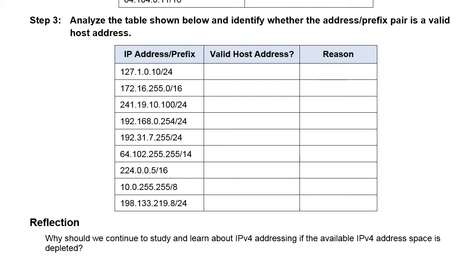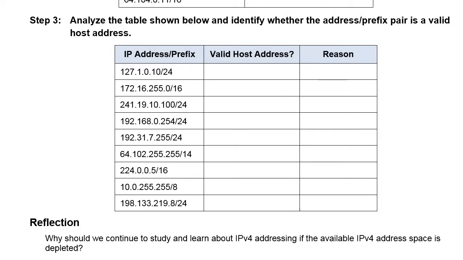The first thing that I want you to think about, as far as whether it's valid to be assigned to a host, remember we talked about those 6 classes of IP addresses. I said the first 3 classes were available to be assigned to hosts, and the second 3 could not be assigned because those are special classes that are not assigned to any one host.